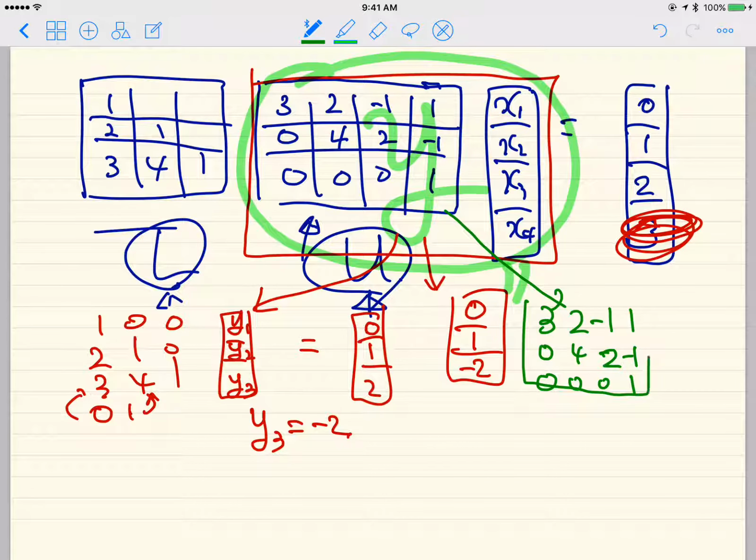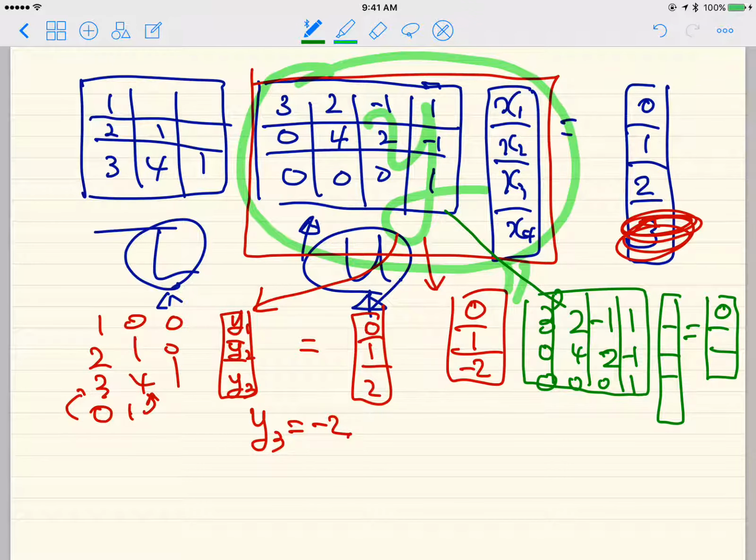So this is our U matrix. And then we have to have a four-dimensional solution. Sorry for the small font. And then this should be 0, 1, minus 2. So this is x1, x2, x3, x4.